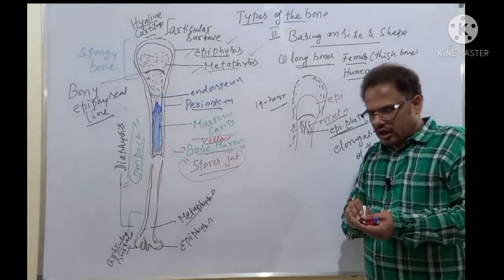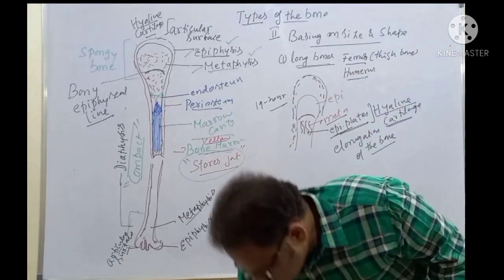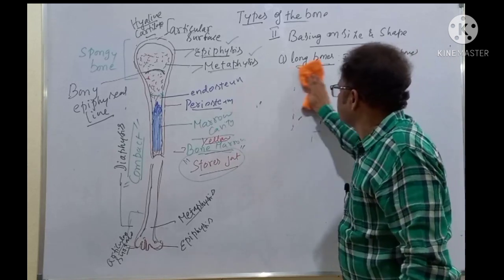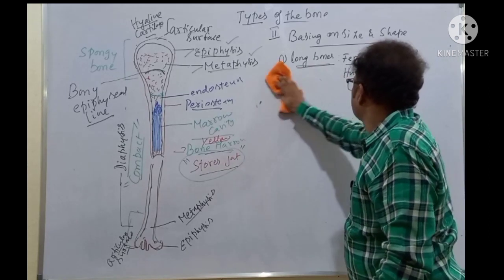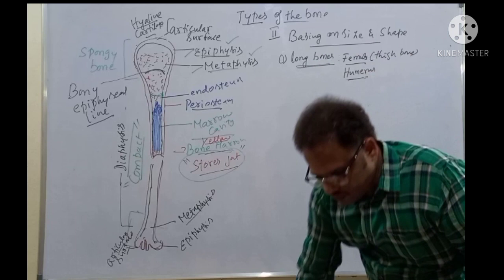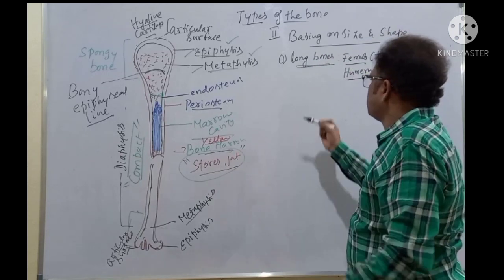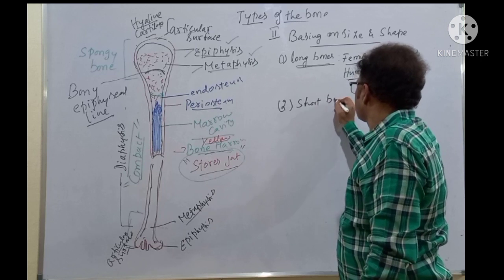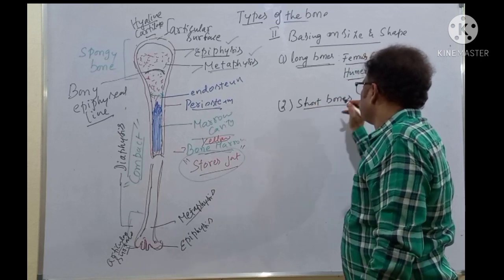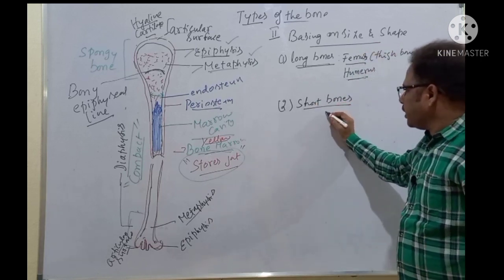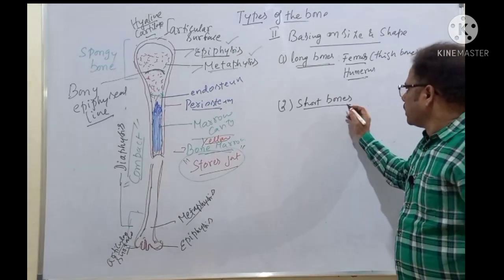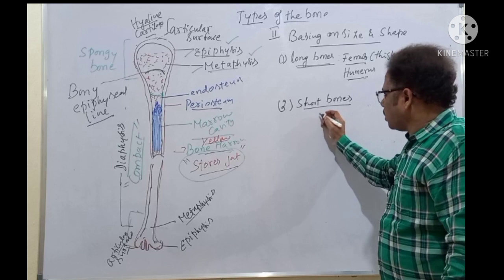Now let's discuss the short bones. The short bones have length and breadth almost equal in size.